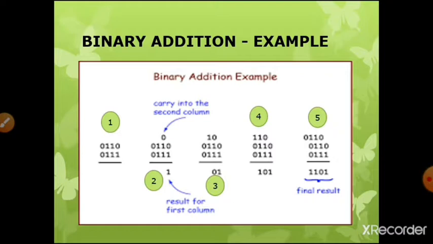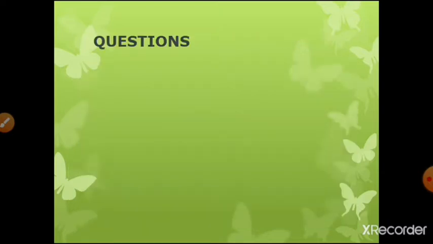Here we have 1 and 1. Adding these, you get sum 0 and carry 1. For the third LSB, you get 1, 1, 1, so when you add them, you get sum 1 and carry 1. The final result is 1101.